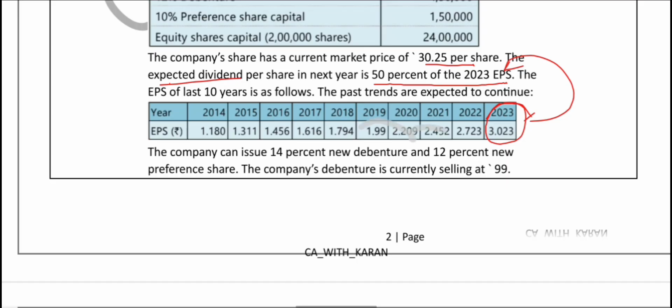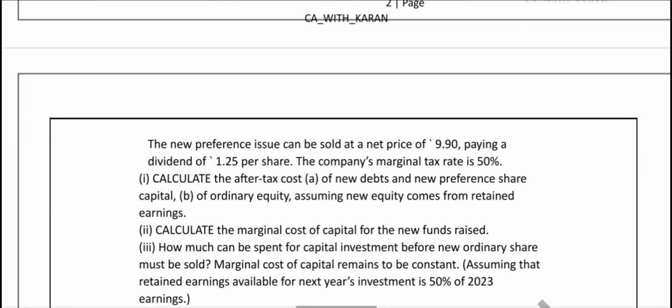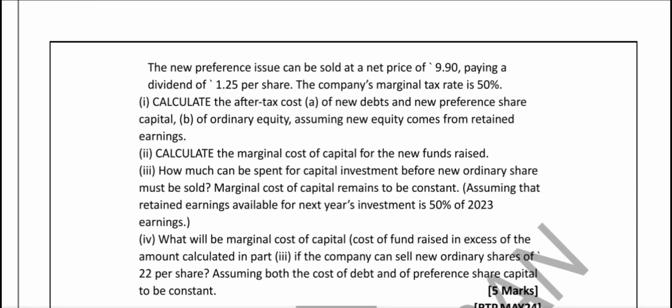And then the company can issue 14% new debentures and 12% new preference shares. The company's debenture is currently selling at 99, so this is the net proceeds. The new preference issue can be sold at a net price of 9.90, paying a dividend of 1.25 per share. The company's marginal tax rate is 50%.